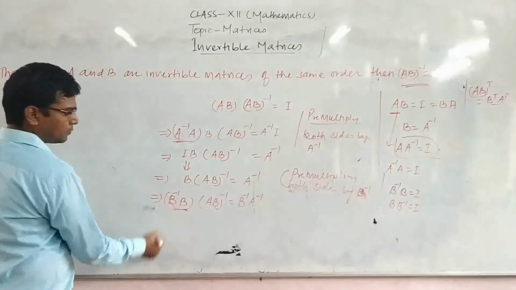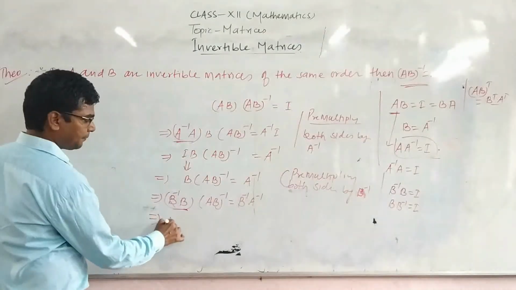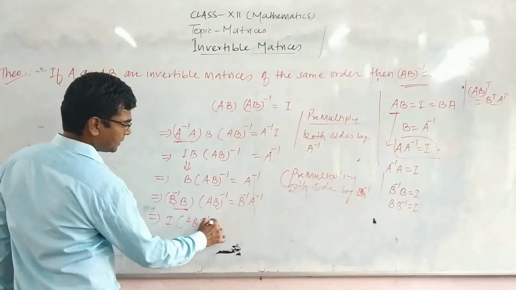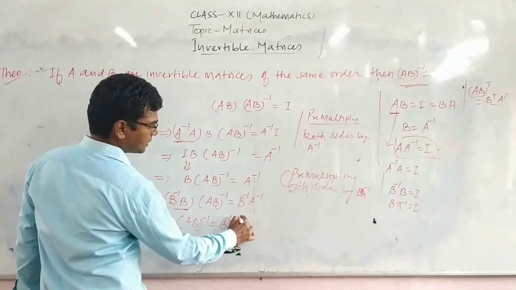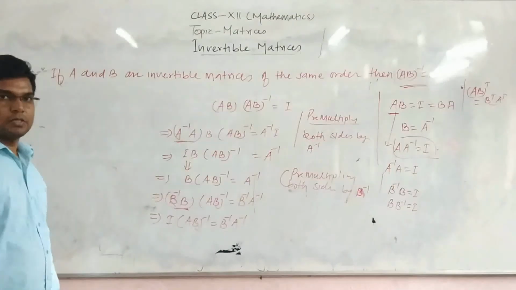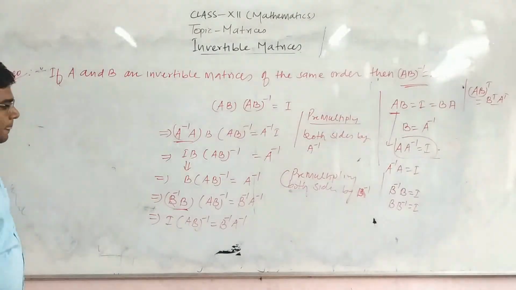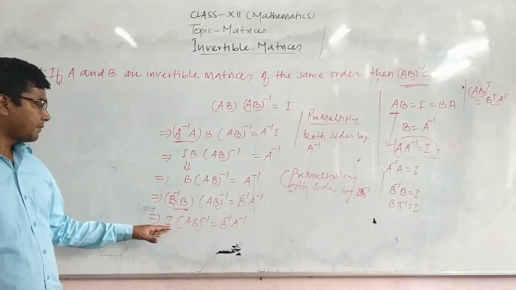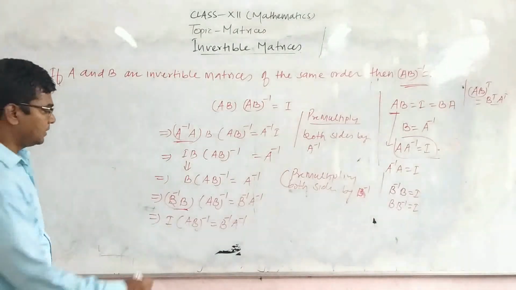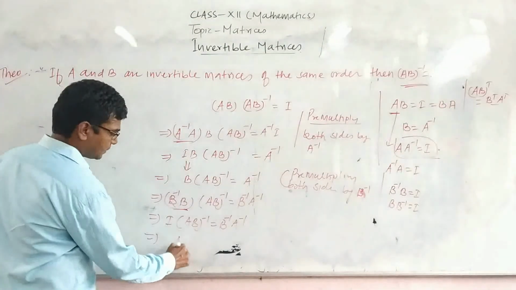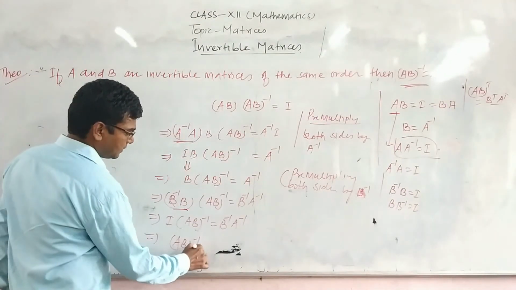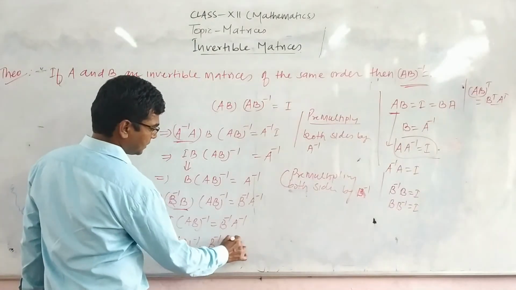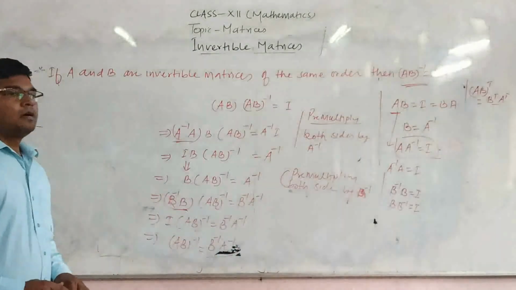So in place of this you can write identity matrix, and AB inverse is equal to B inverse A inverse, right? Again the matrix multiplication with identity matrix will give us the same matrix. So we are going to get AB inverse is equal to B inverse A inverse, right?